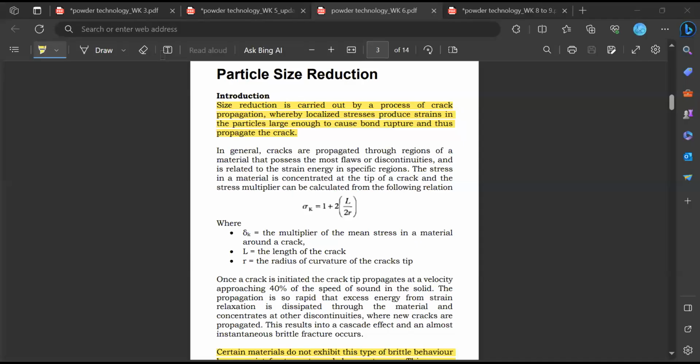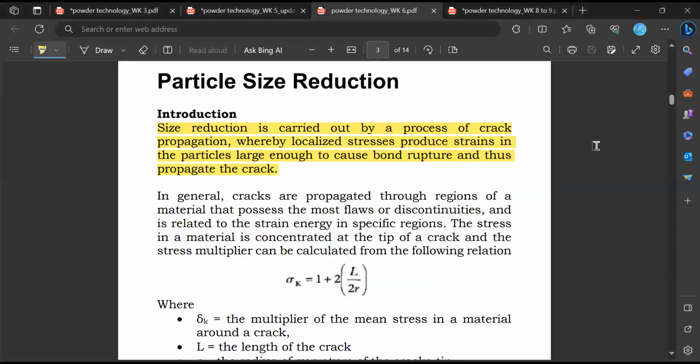Okay, so then we'll go to the next one, which is now particle size reduction. The previous one was size grading, and this one is particle size reduction. Sorry about that mistake.